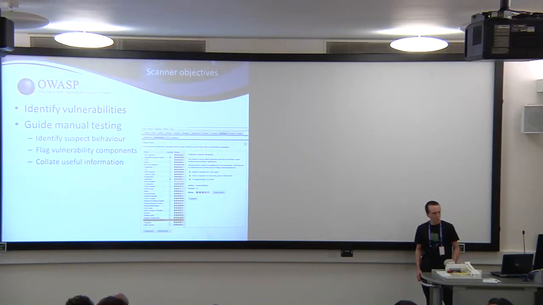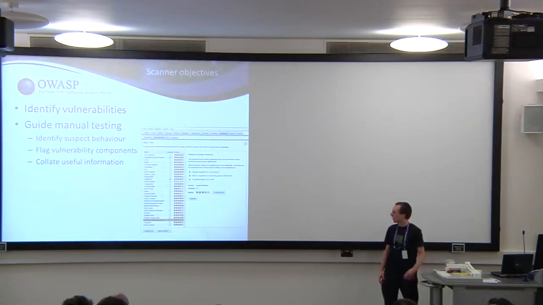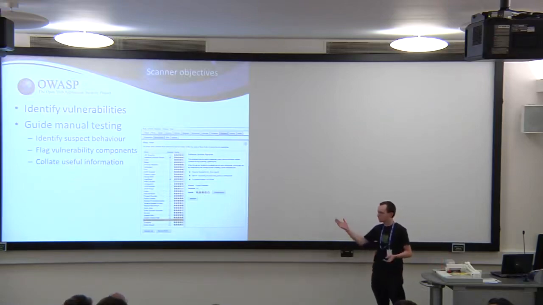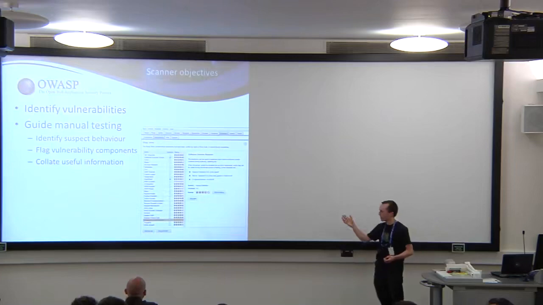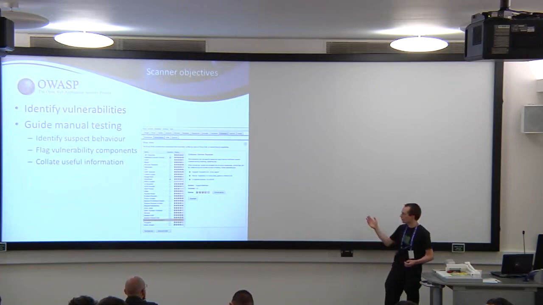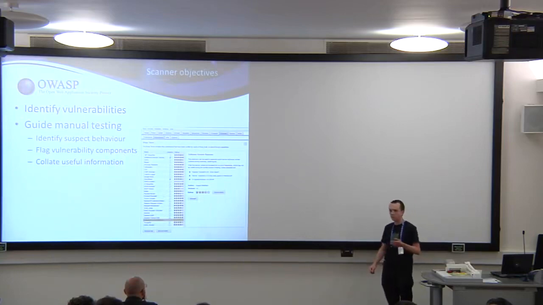Another example of information that's almost innocuous in a final report is version numbers. They aren't very useful at the final stage. I mean, it's worth knowing if something has known vulnerabilities, but if you find out that something is running a version of PHP that has register globals turned on by default when you're halfway through a test, then that could seriously affect the techniques that you use to test the application.